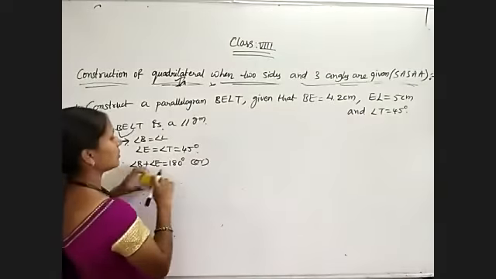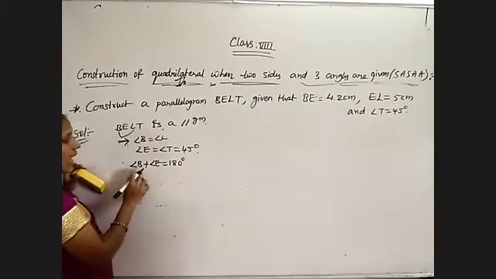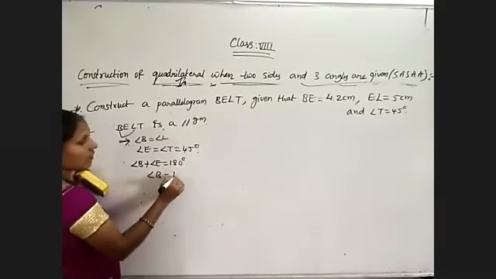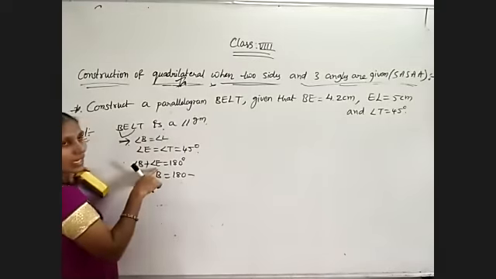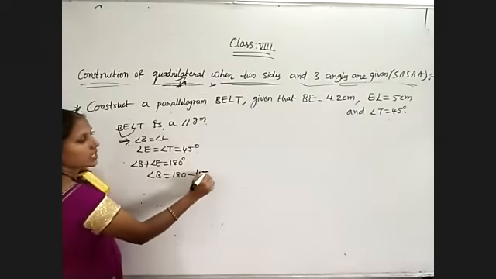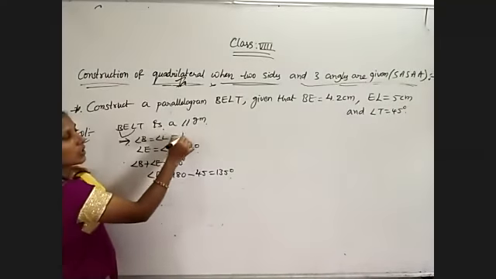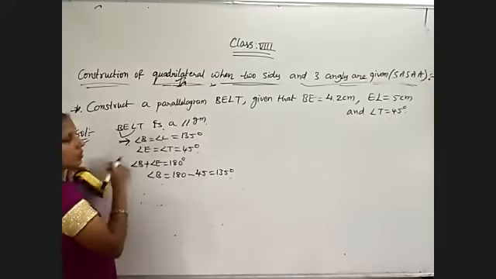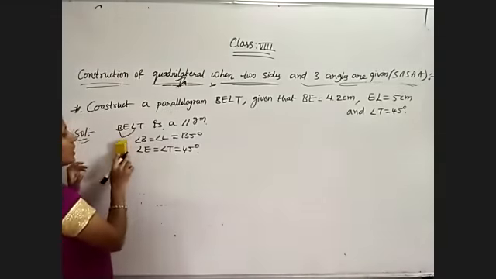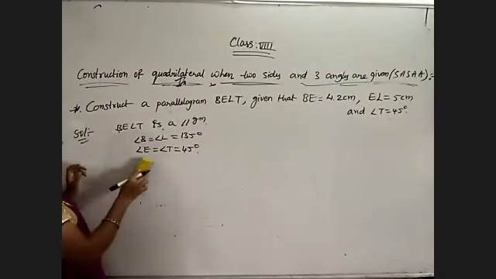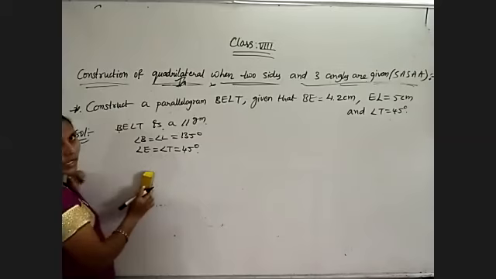So angle B will be equal to 180 minus angle E. Angle E is 45 degrees, which gives 135 degrees. So angle B and angle L are 135 degrees, and angle E and angle T are 45 degrees.